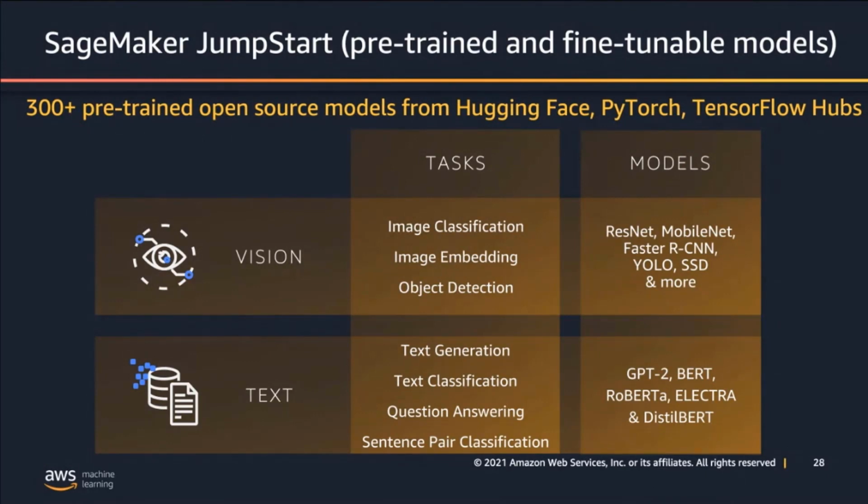And you can access powerful open source models like GPT-2, Roberta, BERT, ResNet, Faster RCNN with just a few clicks. So either you use them as is because they're pre-trained, or you can very quickly, through a simple UI, fine-tune them using your own dataset.